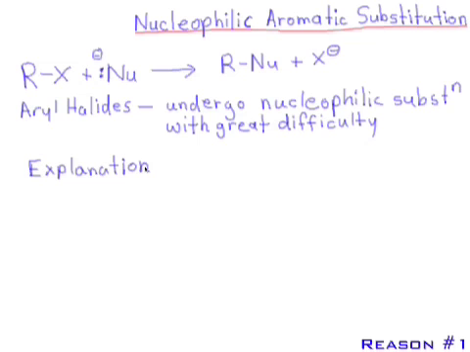The first point is that the bond from the halogen to an sp² carbon is stronger than from a halogen to an sp³ carbon.